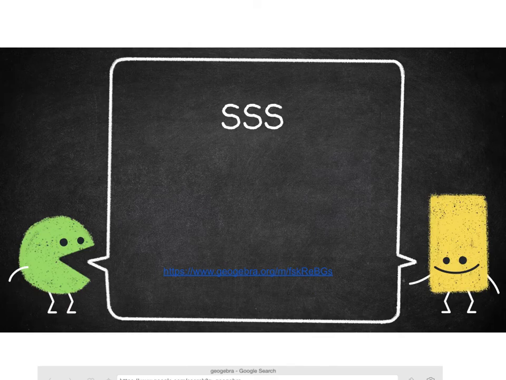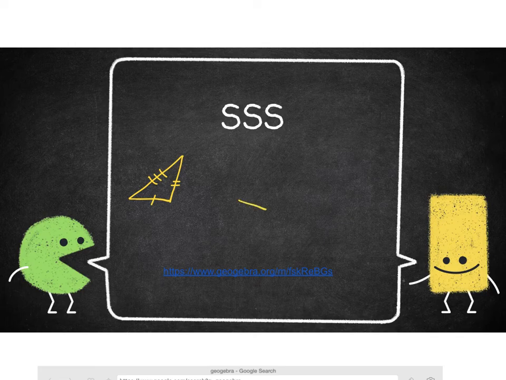All right, let's first start with side, side, side. And if you click the link to follow the GeoGebra, you'll be able to see this through a manipulation. So I highly recommend taking a look at it. And what it shows you is that, let's say we have this triangle. We have these side lengths. What the GeoGebra is going to do is take each of these side lengths and create another triangle.